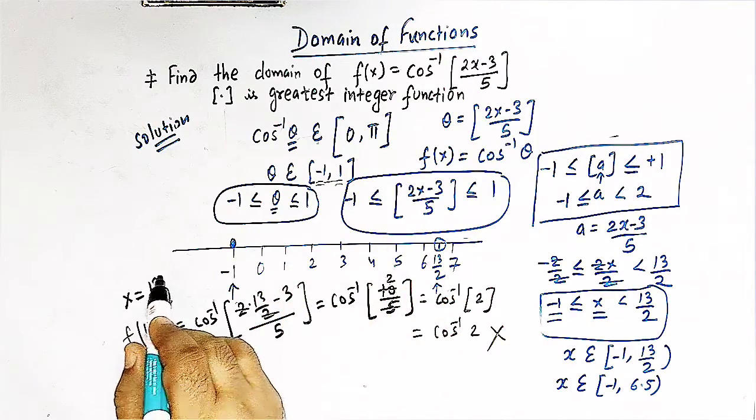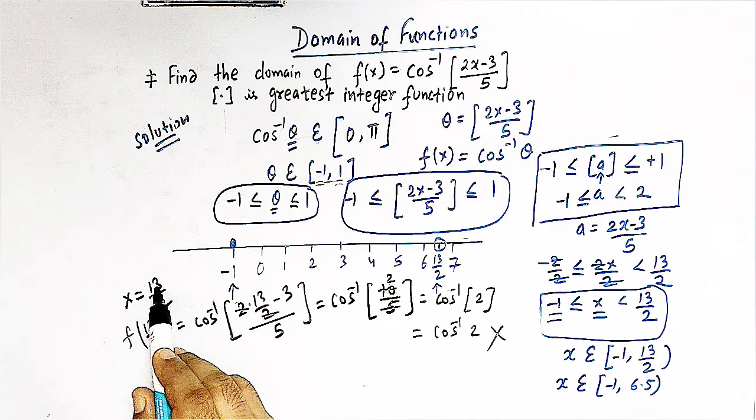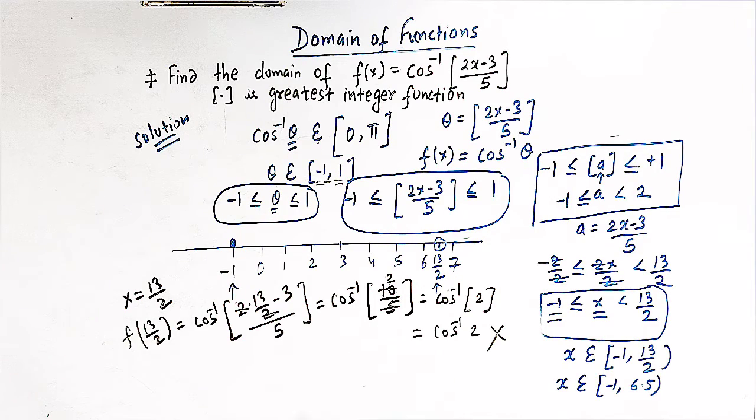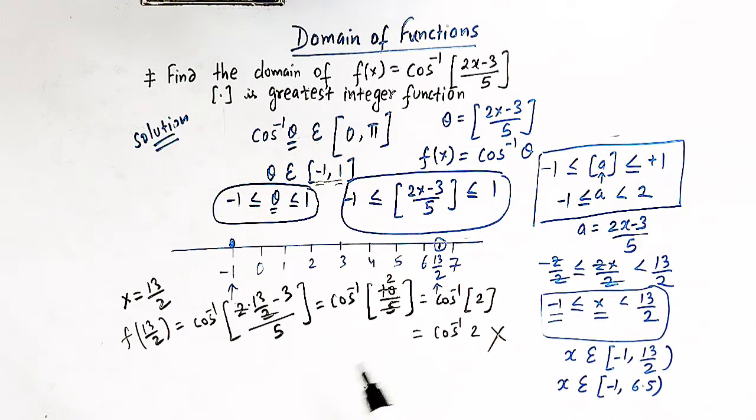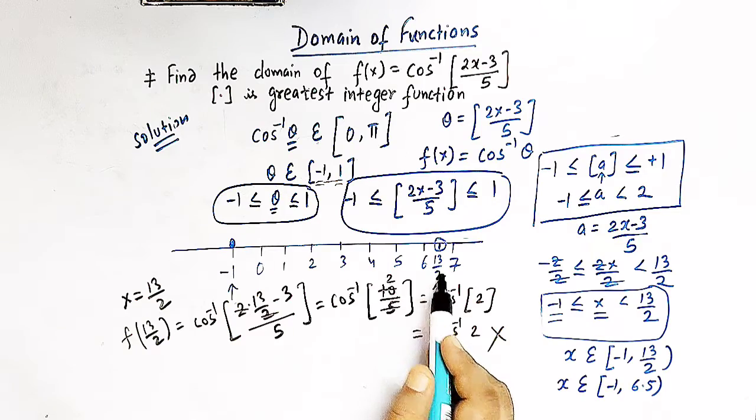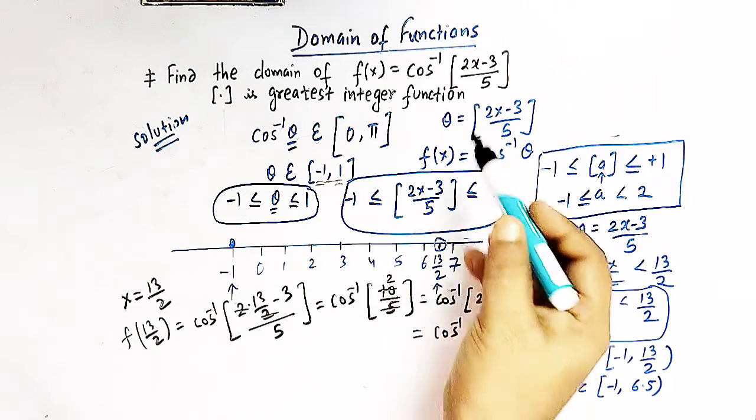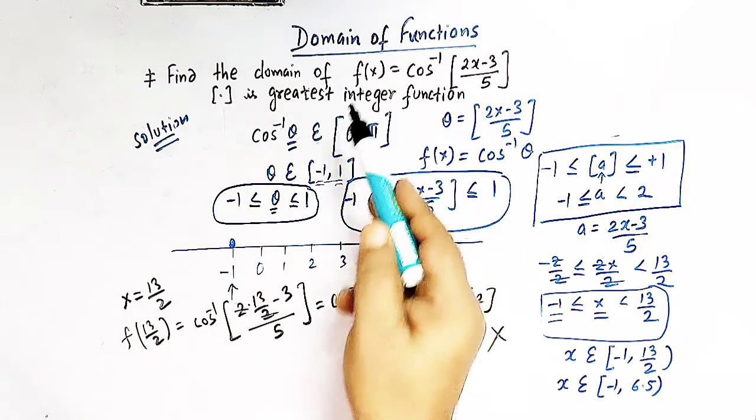So we have to discard x is equal to 13 by 2 from the domain. So all other points which lie between minus 1 and 13 by 2 belong to the domain of this function.